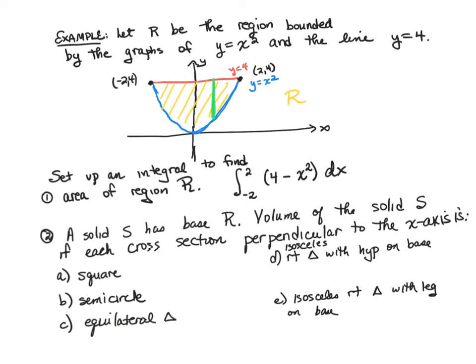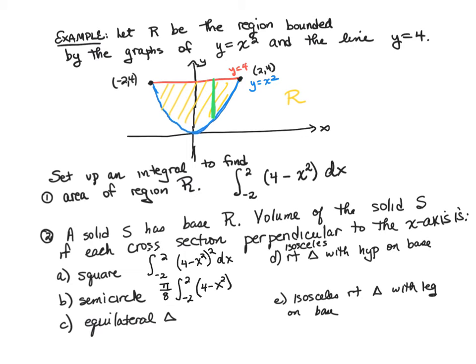So if the cross-section's a square, we have the side squared, but the side is the length of the rectangle. So that's just 4 minus x squared, squared, dx. If each cross-section was a semicircle, then again, the area of the semicircle had a pi over 8 on the outside, but we have to square the side again.